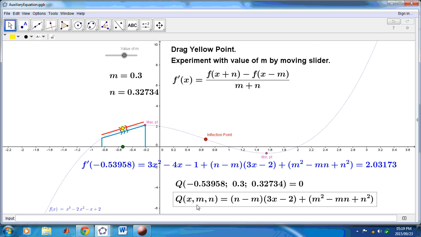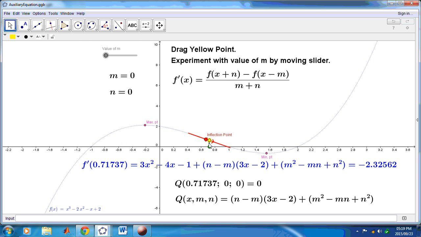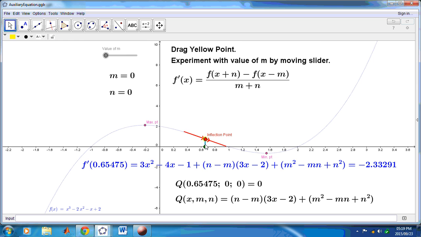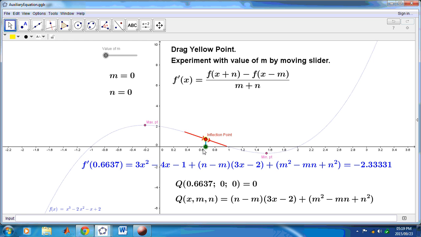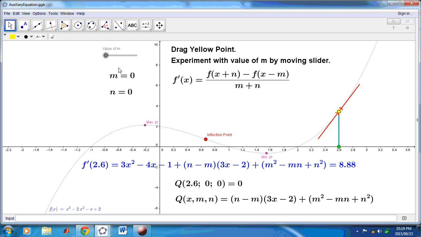If only Q of x m n is equal to 0, as in this scenario, then that's not sufficient to say that x is in fact differentiable at that point, because watch what happens at the point of inflection. It is equal to 0 if m and n are 0. Do you see that? So you need those two conditions in order to say that it's differentiable at a given point.